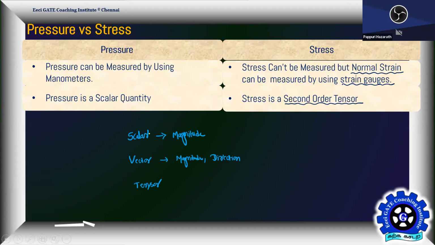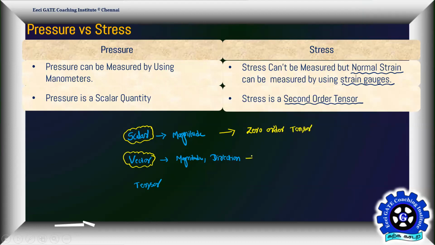To represent some quantities, only magnitude is sufficient. To represent some quantities, both magnitude and direction are required. We have given names like scalar and vector. In tensor terms, scalar is nothing but zero order tensor, and vector is nothing but first order tensor.